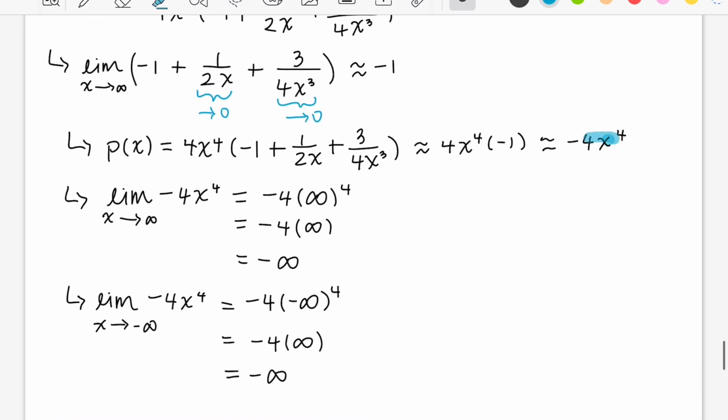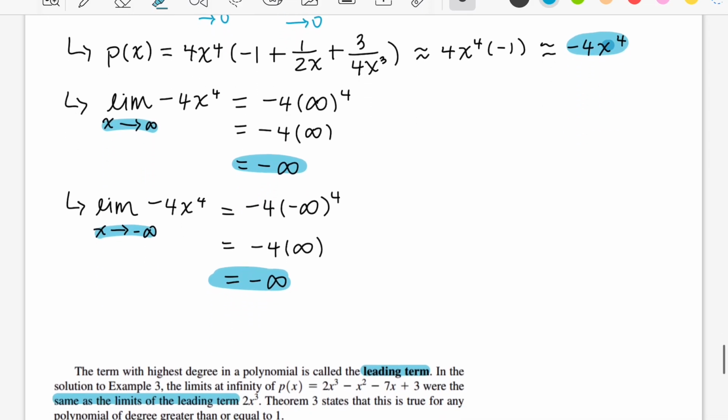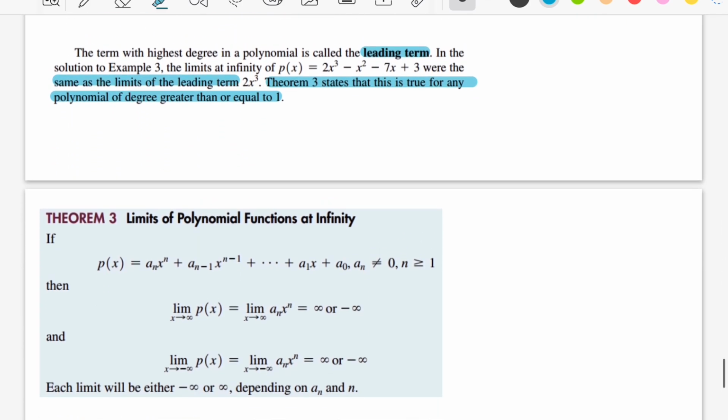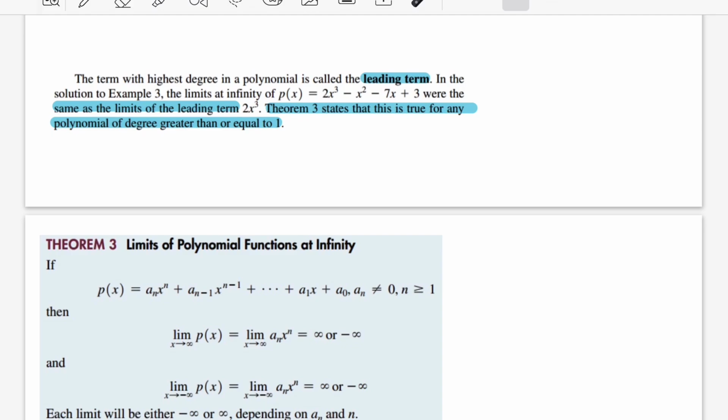So we really just looked at our leading term here, and we saw that the limits of our function were just equal to the limits of our leading term. And theorem 3, which we're about to go over, states that this is true for any polynomial of degree greater than or equal to 1. So that's what this is telling us.